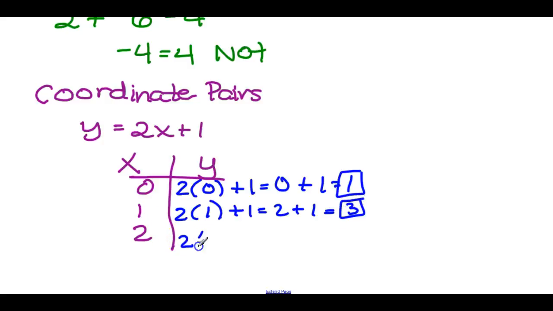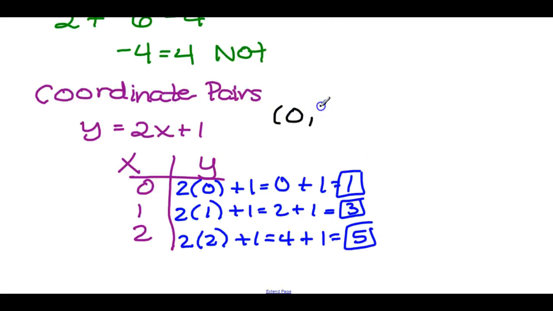And then 2 times 2 plus 1 equals 4 plus 1. So this is going to be 5. So our coordinate pairs in this case would be 0 and 1, 1 and 3, because I put in 1, I get out 3, and then if I put in 2, I get out 5. So this is the whole point of coordinate pairs.